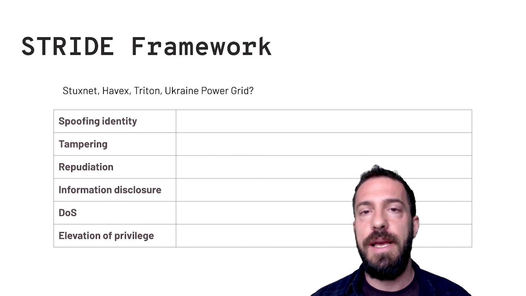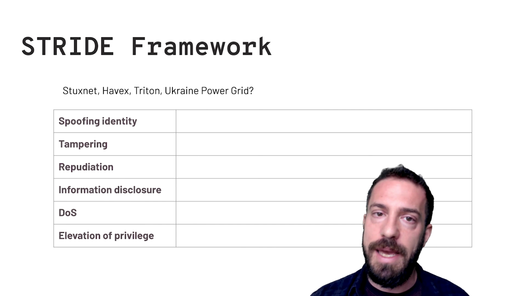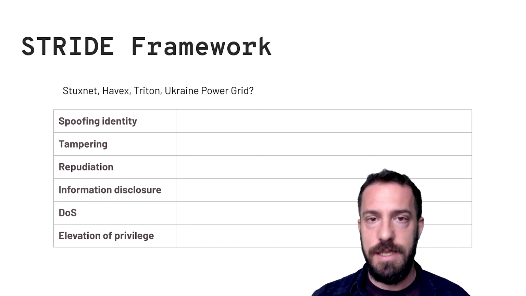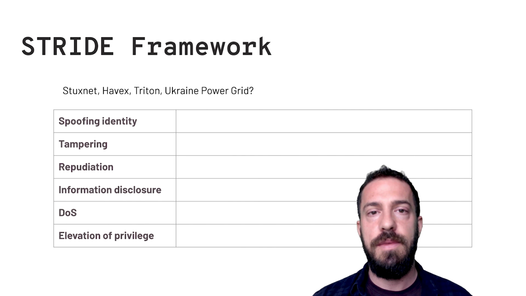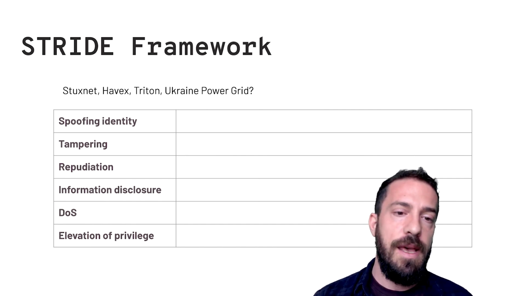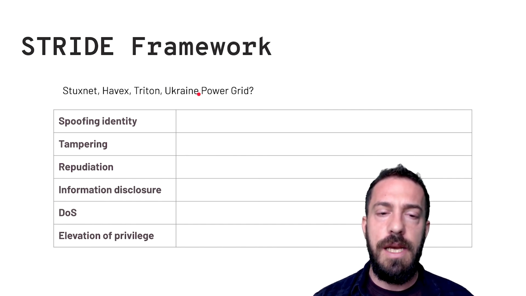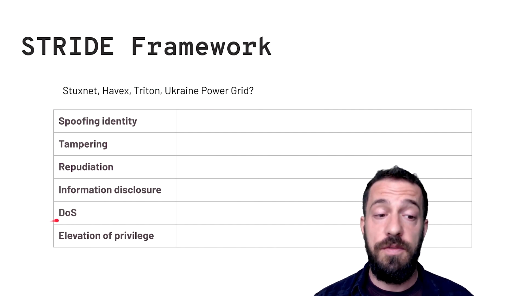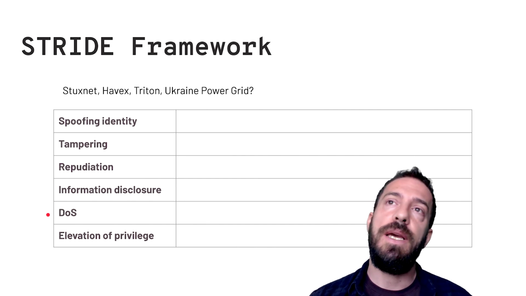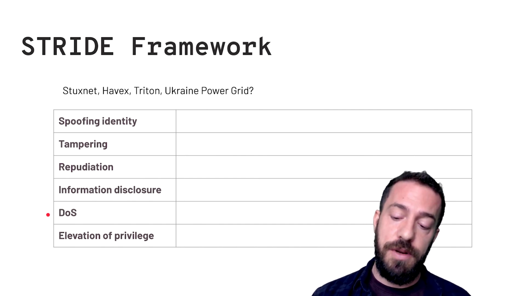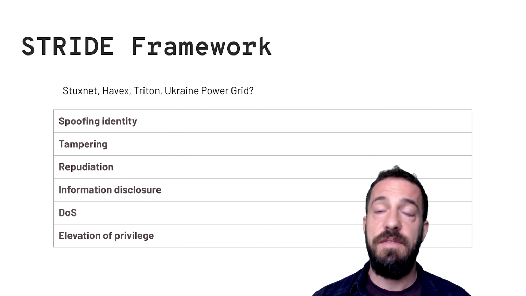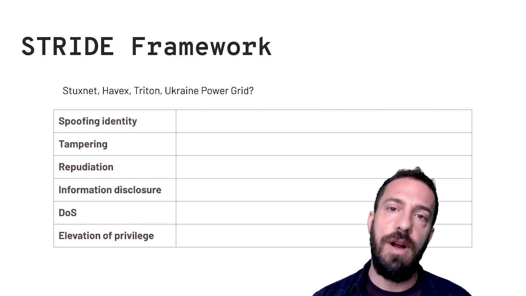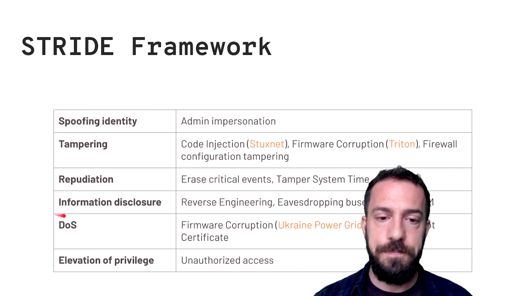And this tampering allowed magic packets to be identified as special packets, and then the attacker could send their own payloads to the system. And finally, Ukraine Power Grid: we can think of denial of service, because, remember, when the operators tried to use the VPN to connect back and defend against the attack, the firmware was corrupted, so they couldn't connect.